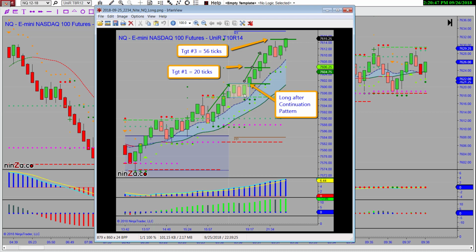And we had a continuation pattern somewhere here just before 7 o'clock. And we did a breakout just after 7. And we had a measured move over here to the left. And I was figuring a target. I've got them blocked over. Target 1's right at this level here underneath my arrow. And target 3 is up there, right there at that dot, which is where that red band is.